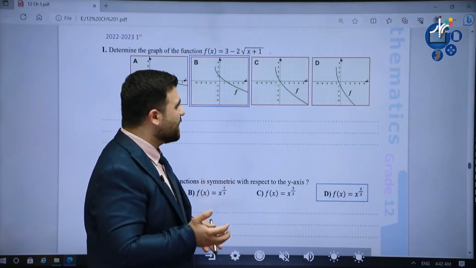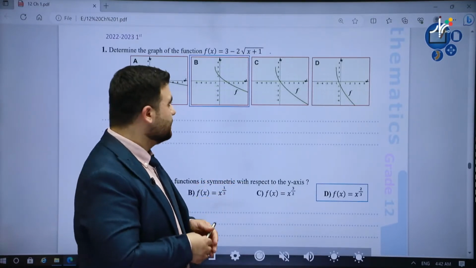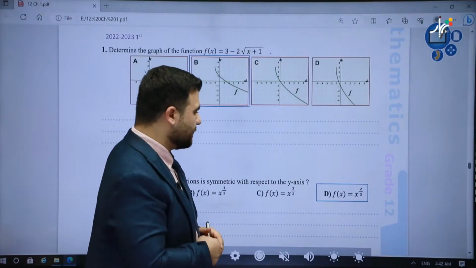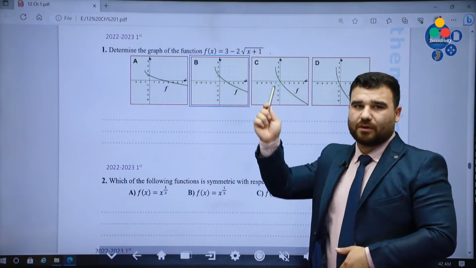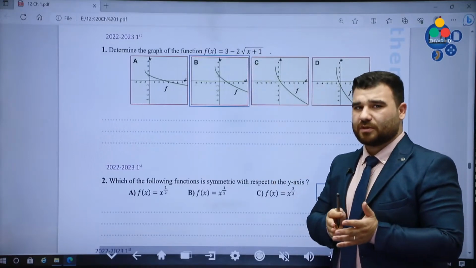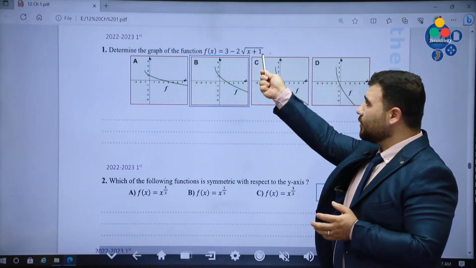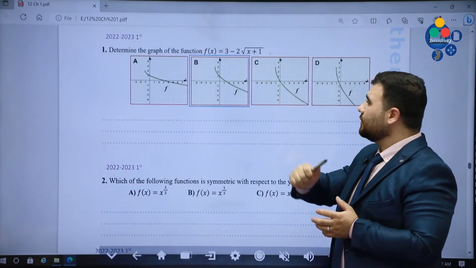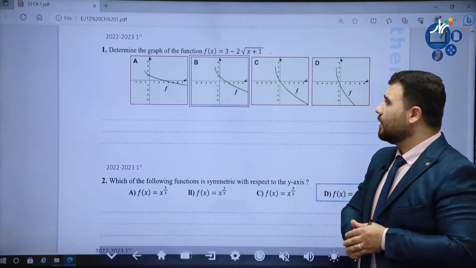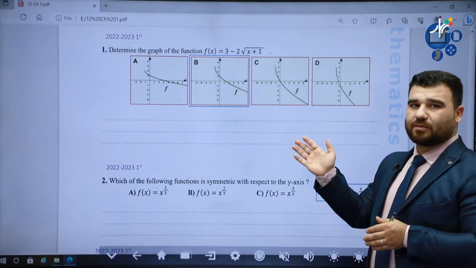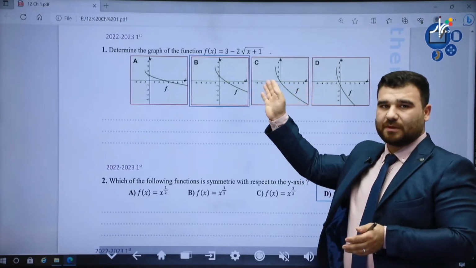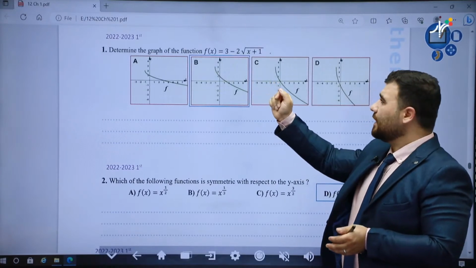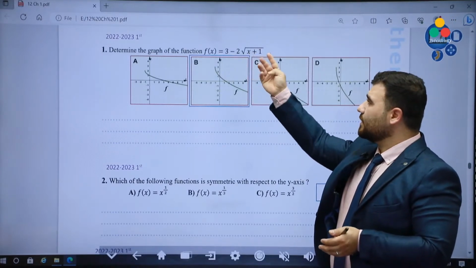I'm going to choose a point that's easy to calculate and easy to find on the graph. When you are working with square root, there is one note. Always choose numbers that make a perfect square with 1. To make a perfect square with 1, I can choose 0, because 0 plus 1 is 1, and 1 is a good square number. I will not get a decimal. It will be easy to see on the graph. I can also go with 3. 3 plus 1 is 4.